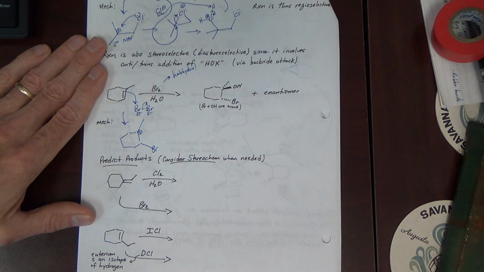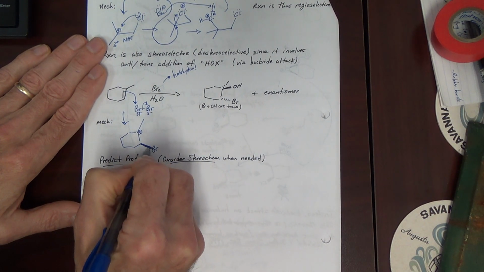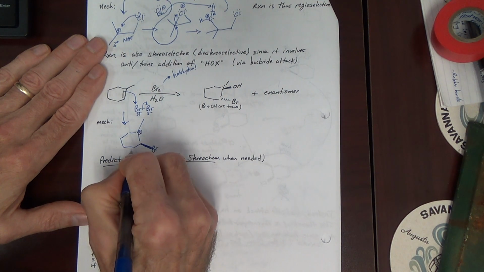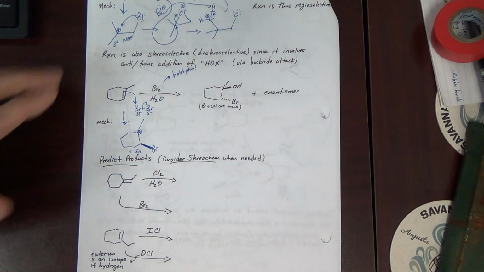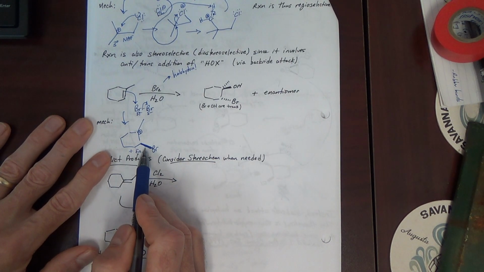Importantly, this carbon is now tetrahedral, so this is either forward or back. I'm going to draw it forward, plus enantiomer. Enantiomer, we'll learn, is where our stereochemistry is reversed.